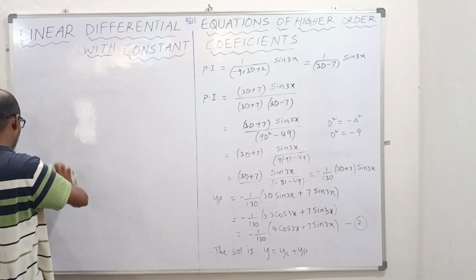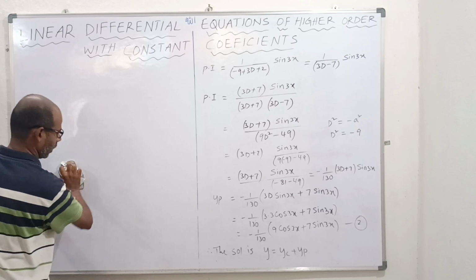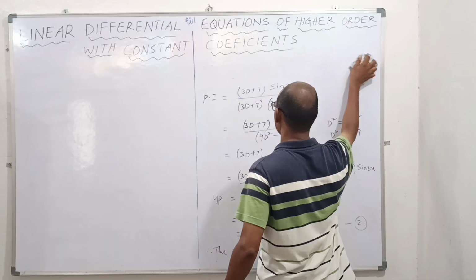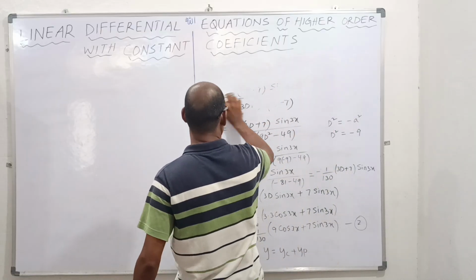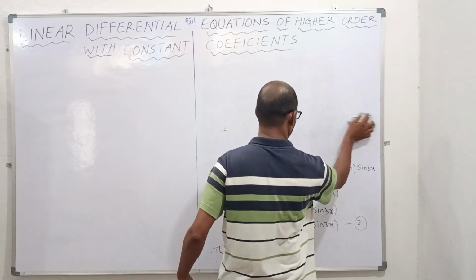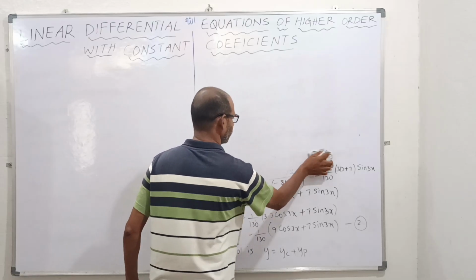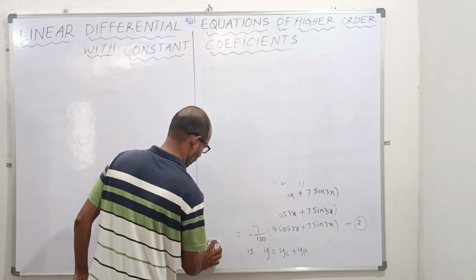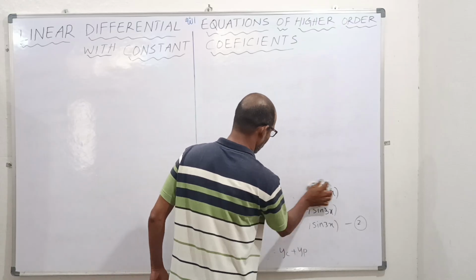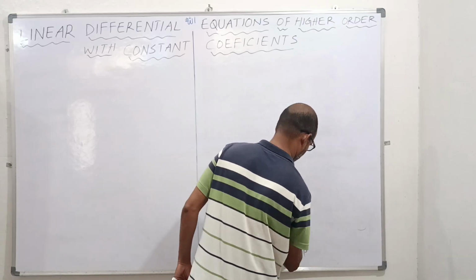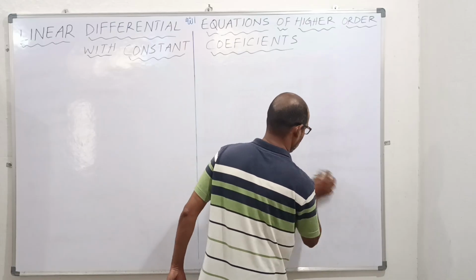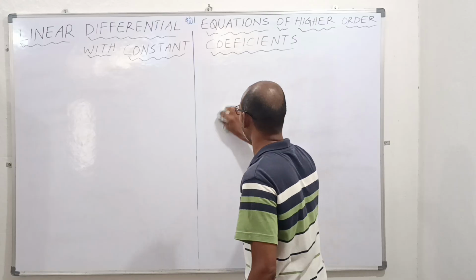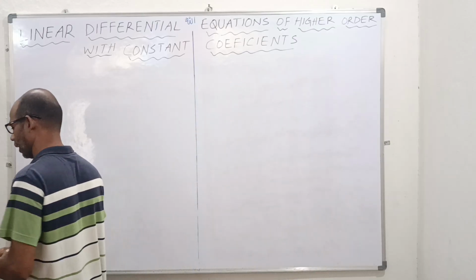So you have to remember the procedures for different types of function. When the function is exponential, that is e power x, what we have to do is put d is equals to a in the denominator, provided the denominator is not equal to 0.